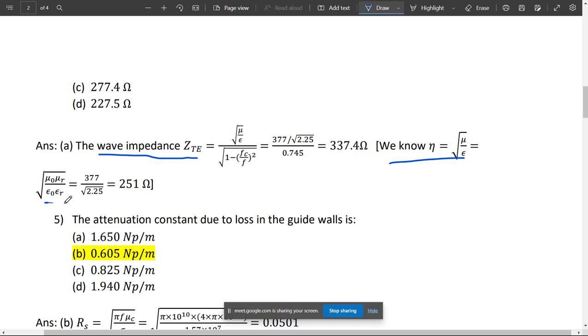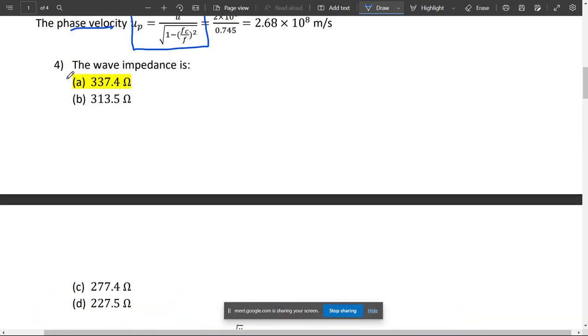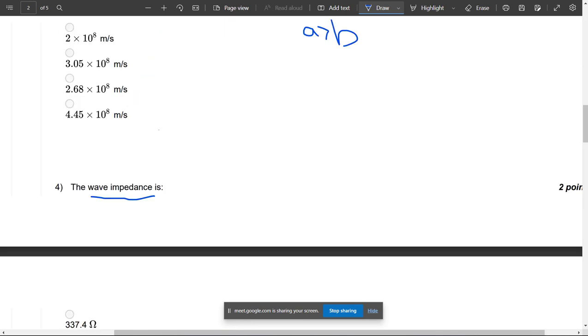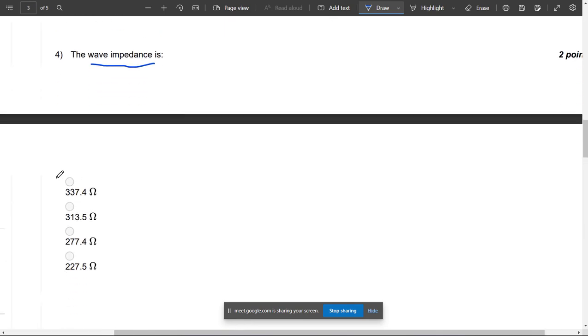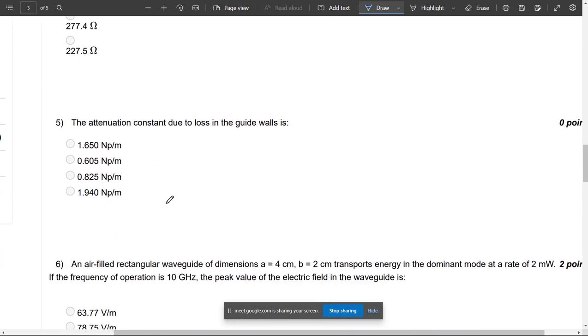This you already know, right? ZTE will be 337.4 ohms. So option number A. Is there any doubt? Do you have any doubt here? No, madam. Okay, let's go ahead.